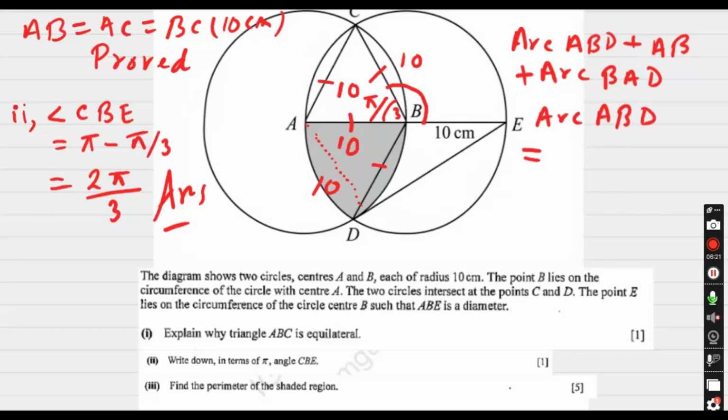Why? Because A is the center and D is at the circumference. So triangle ABD is also an equilateral triangle.